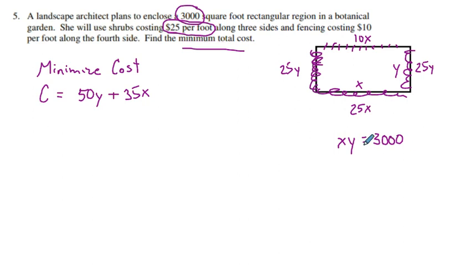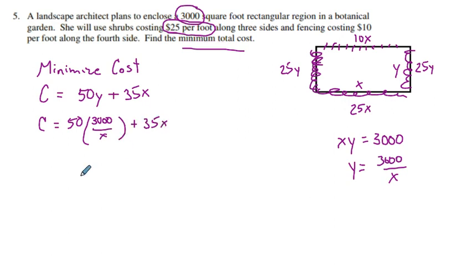Now in this problem, it really doesn't matter if you're going to solve for x or y, but I know when I plug it in, I'm going to multiply by 3,000, and I don't want to use a calculator, so I want to plug in for y, so I'm going to solve for y. So y equals 3,000 over x. So cost equals 50 times 3,000 over x plus 35x.